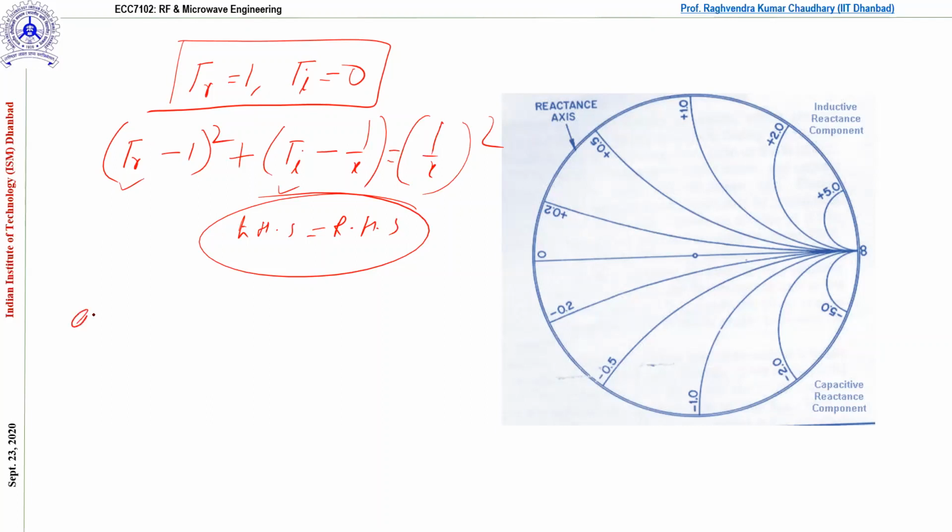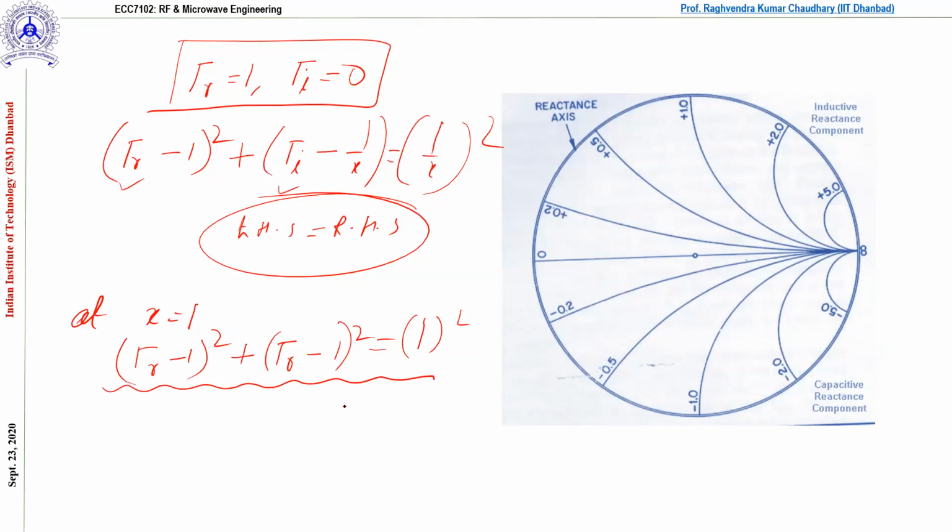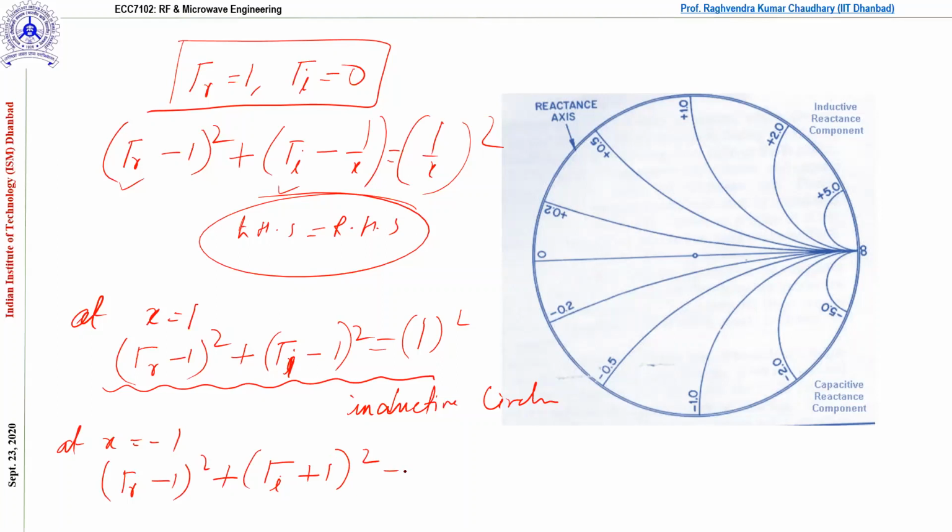Now, at x is equal to 1, can we modify this equation? Yes, of course. We can rewrite it as gamma r minus 1, the whole square, plus gamma i minus 1, the whole square, equals 1 whole square. This represents the inductive circle. Whereas at x is equal to minus 1, the equation becomes gamma r minus 1, the whole square, plus gamma i plus 1, the whole square, is equal to 1 whole square.